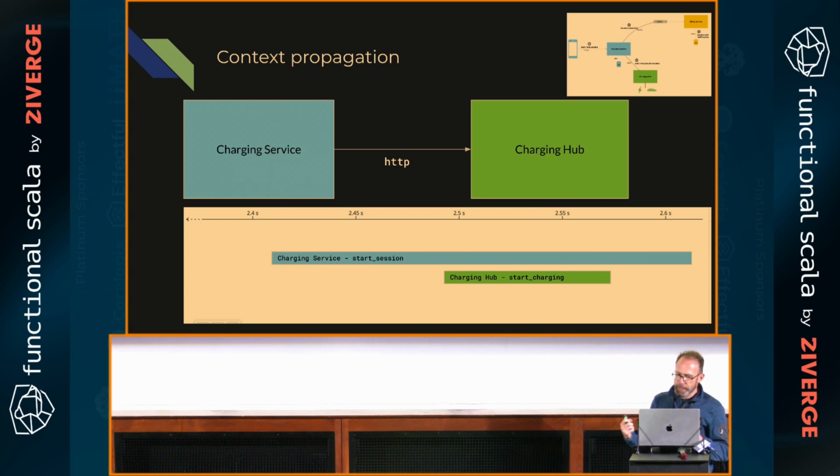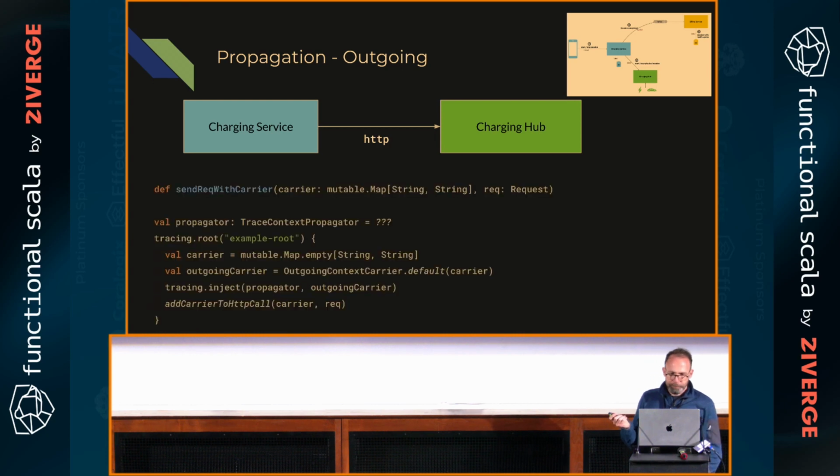Then within the effect in the span, eventually we'll call the charging hub. I want the charging hub, when it does its own work, to also open a span as a child of the blue span above. So what you have to do in the code is basically take the tracing context at the charging service side and put it inside the carrier. This is the code that you're using for doing that.